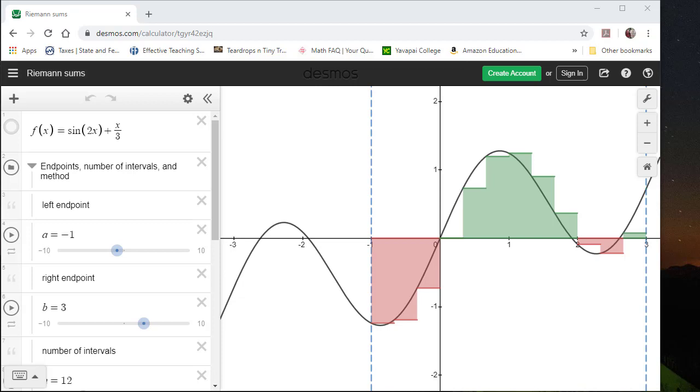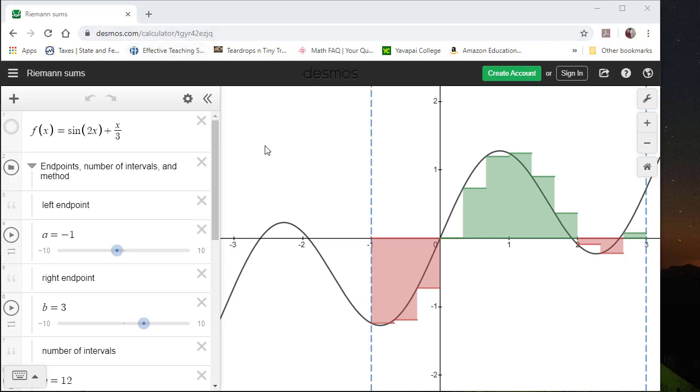Luckily, Desmos has a little app that will calculate these sums for you. You should be able to do 4 rectangles by hand because you're going to be doing that on your final exam. However, if you need to do more than that, go ahead and search under Desmos Riemann sums, or go to the web address that you see on top here.